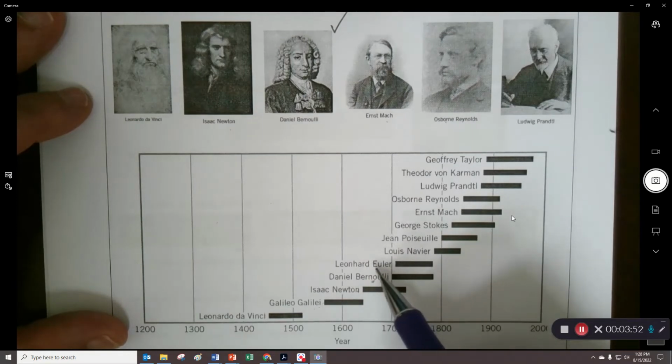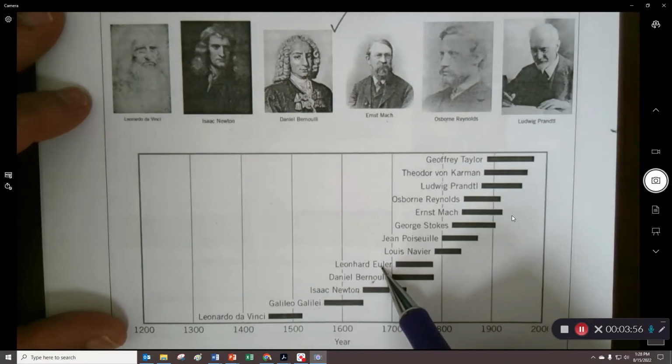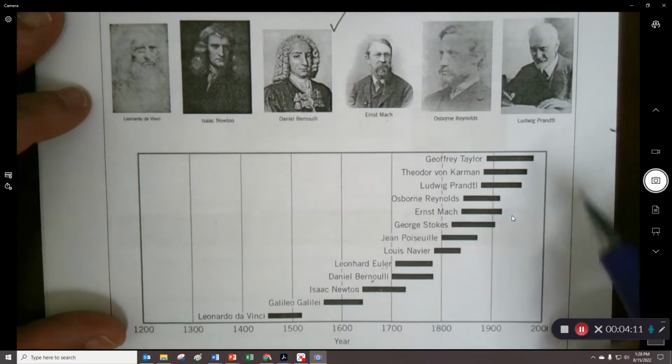Euler, or Euler, people pronounce it Euler. Incredible mathematician, and can be credited for taking Newton's stuff and making equations out of it that we could use. So F equals ma is actually more of an Euler thing than a Newton thing.